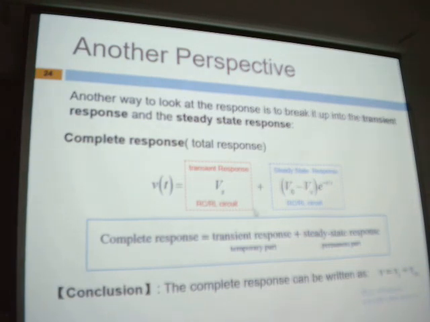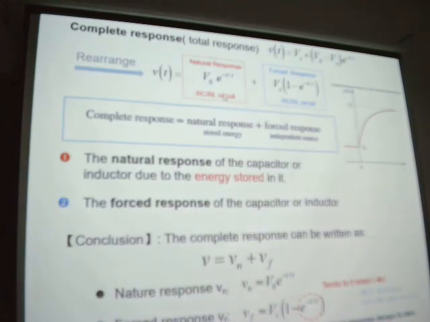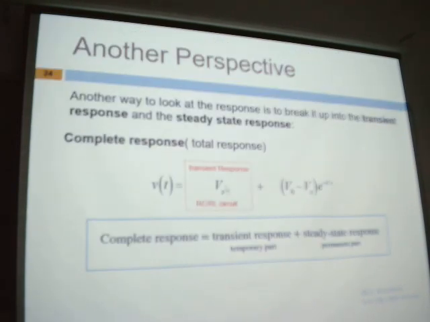But actually we just rewrite the function. Everything is the same. The complete response has two parts. Here we have everything with V0 and everything with Vs, but in the second one we have V0 and Vs together.